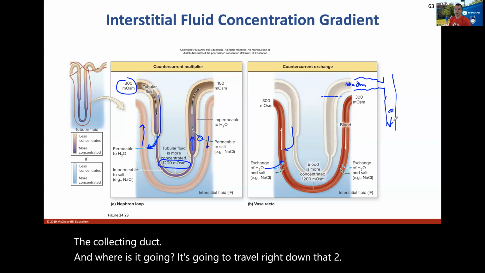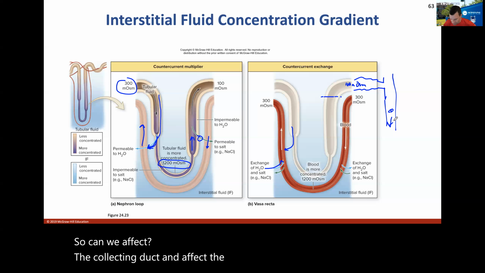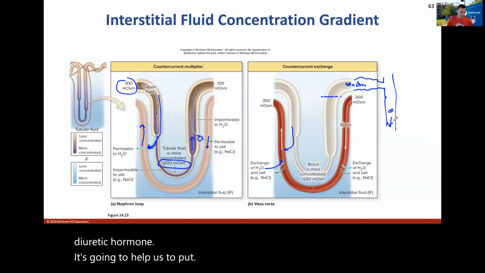So can we affect the collecting duct and affect the concentration of it? Yes, we can. Antidiuretic hormone. It's going to help us to put more or less transport aquaporins to pump water in or pump water out.